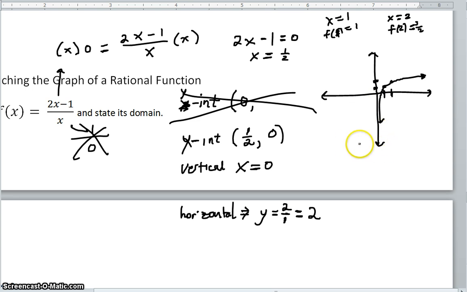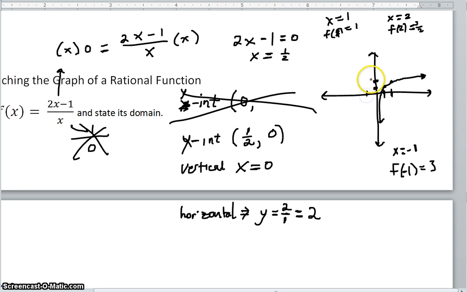Now we need to try on the other side of the barrier. So let's try when x is -1. What happens? Well, I get -2 minus 1. That's a -3 over a -1. That is a +3.